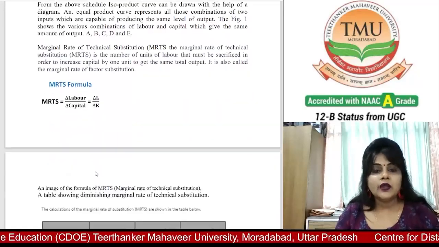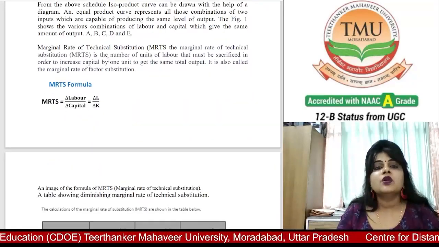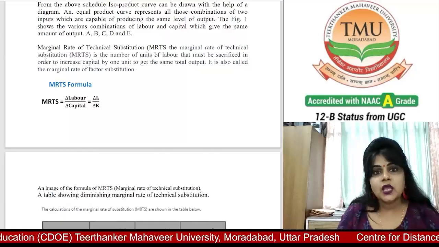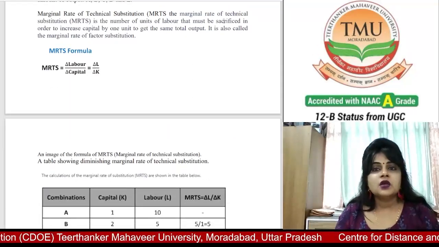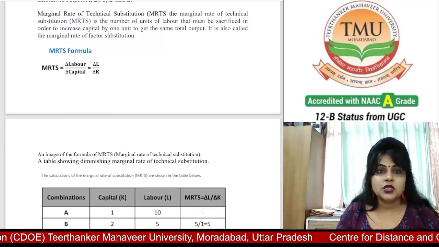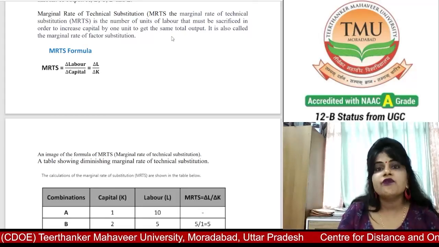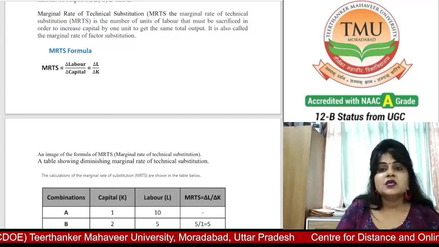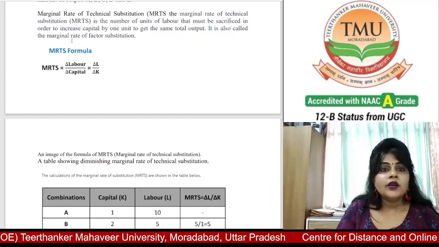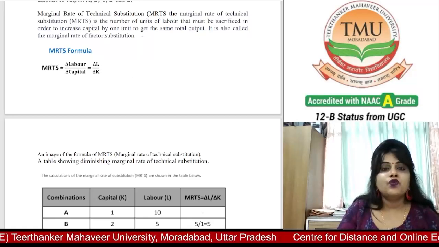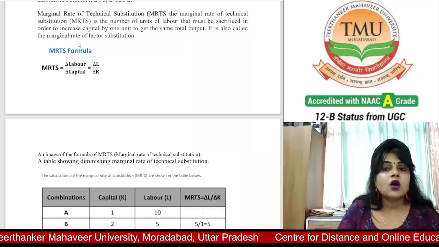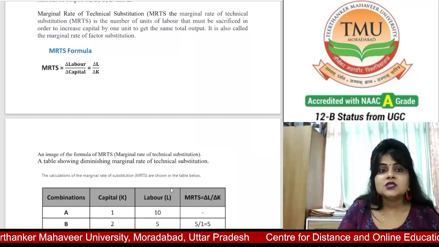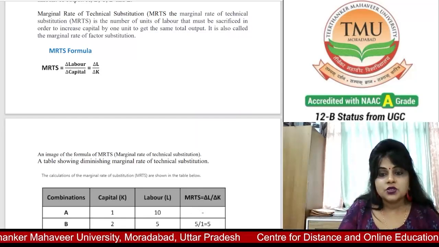Okay, now I discuss the marginal rate of technical substitution, MRTS. The marginal rate of technical substitution is the number of units of labor that must be sacrificed in order to increase capital by 1 unit to get the same total output. It is also called the marginal rate of factor substitution.